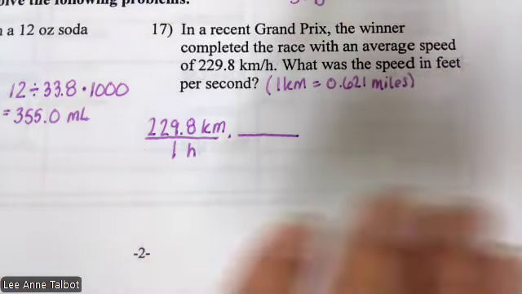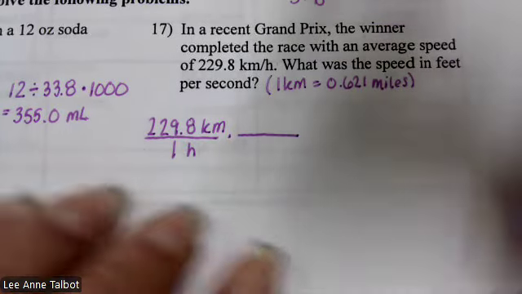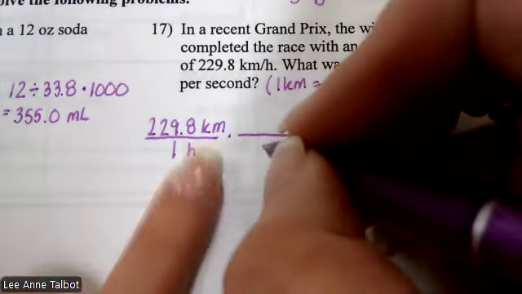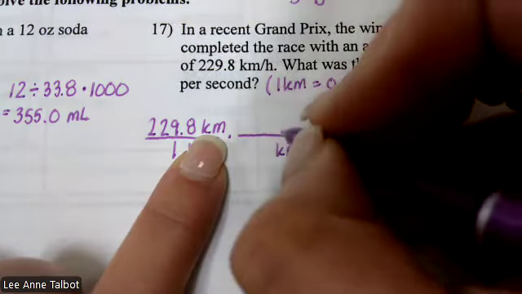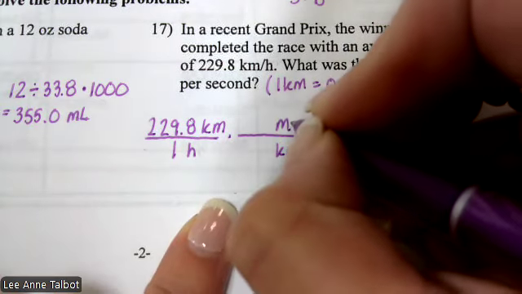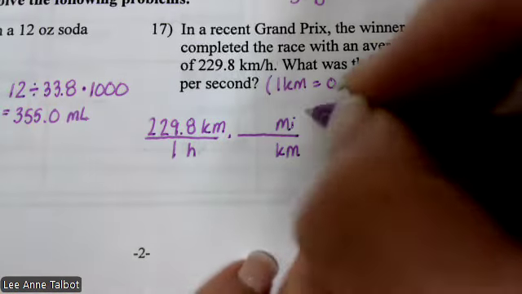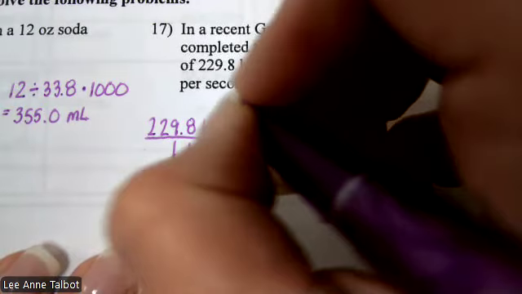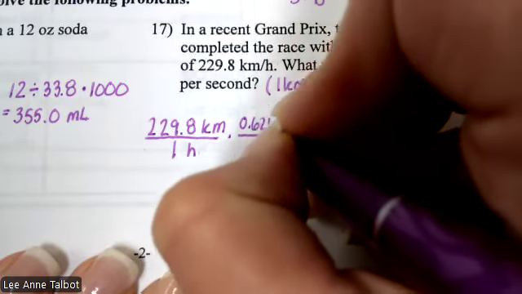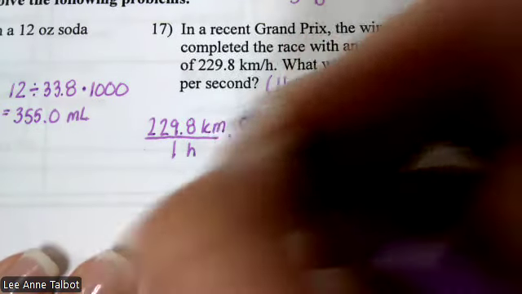And I looked it up, and 1 kilometer is 0.621 miles. Kilometers on the top. So I'm going to put kilometers on the bottom, miles on the top. 1 kilometer is 0.621 miles.